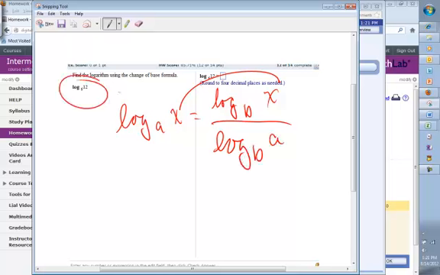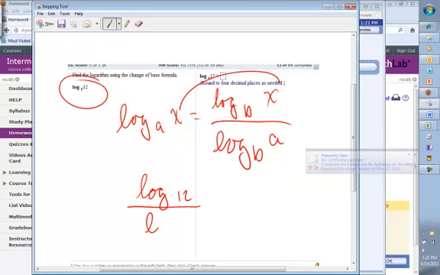Since we want it, we can use either the natural logs or the common logs. So I'm going to write log of 12 over log of 6.